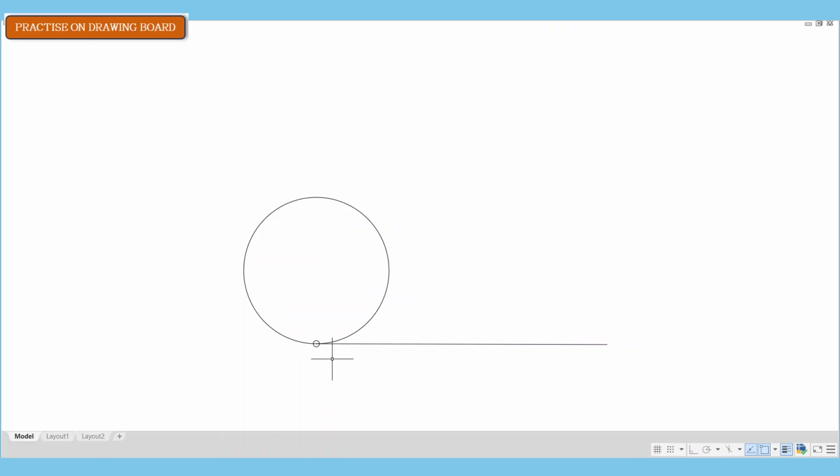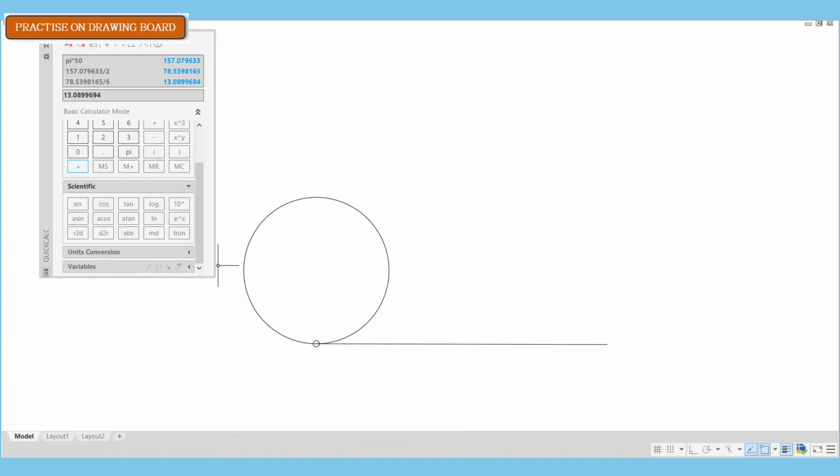Now I have to calculate pi d. So to calculate pi d, pi multiplied by d, which in this case is 50, will give me 157.08. So a half of that, because we are doing half of a revolution, is going to be 78.54.